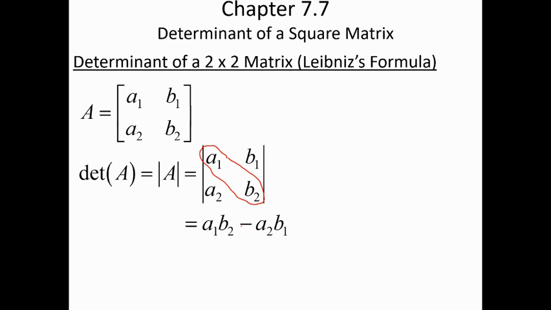And then you're going to do a subtraction. Yes, it's always subtraction. Even if the number behind it comes out to be negative, you're still doing subtraction. In that case, you'll be doing addition, right? So it's double subtract. And then you're going to do A2 times B1. So you're going to do the other diagonal. That's pretty much it.